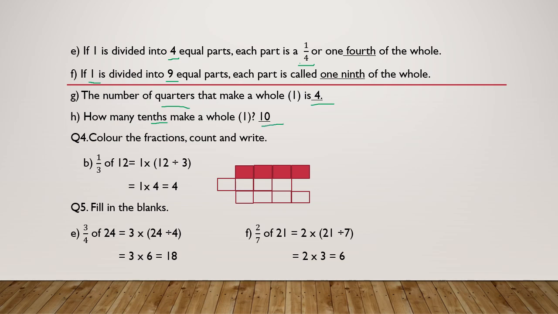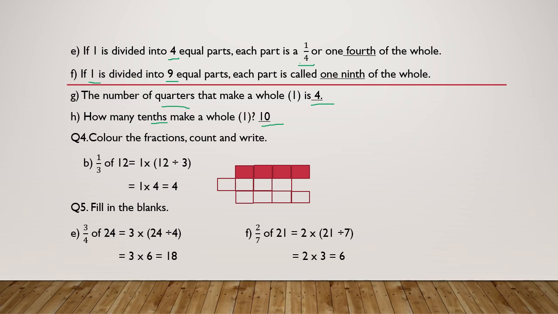Now see question number 4. Color the fractions, count and write. I am doing B part for you. In this question you have to color the fraction, then count them and write. 1 upon 3 of 12.